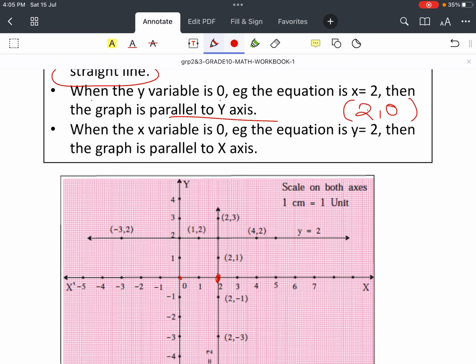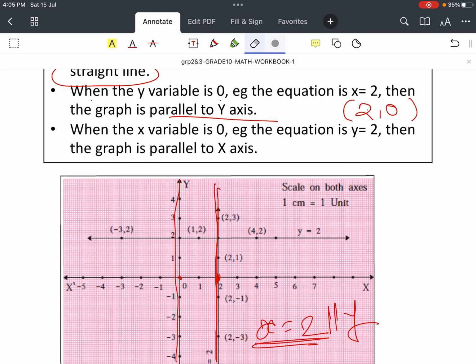Okay, y is here, so this line is the equation of x is equal to 2. Clear है? Next, this x is equal to 2 is parallel to the y axis. मान के चलो this is the x is equal to 2 line and this is the y axis, so both are parallel with each other.